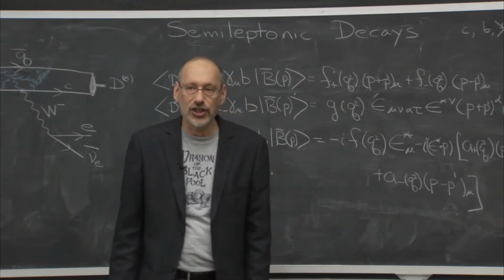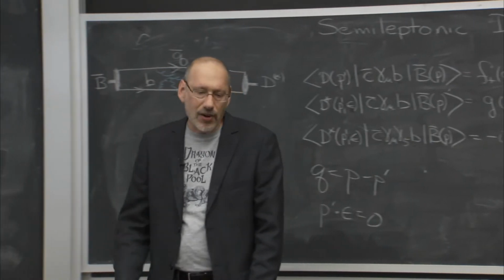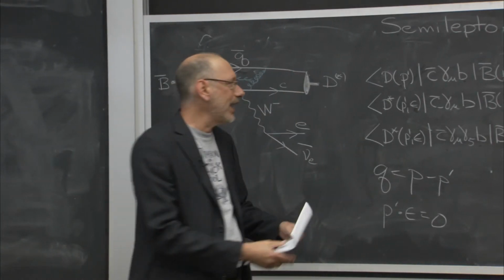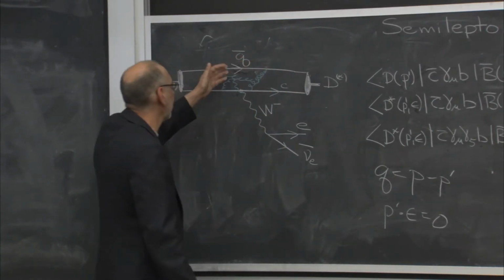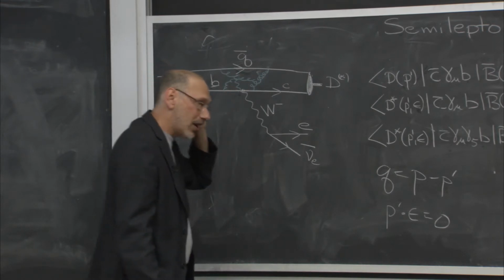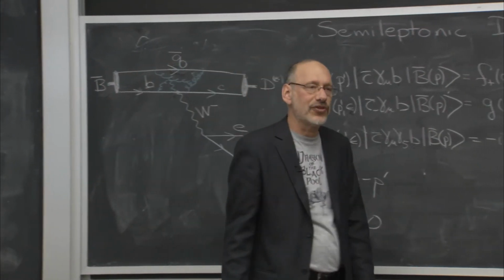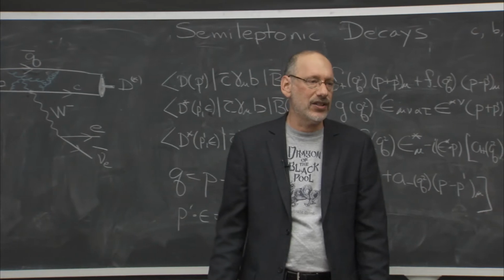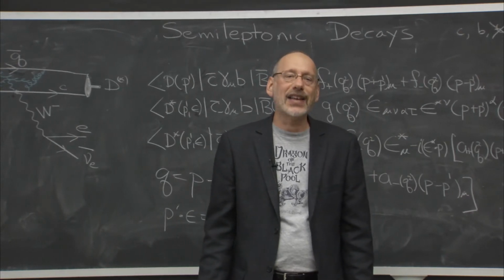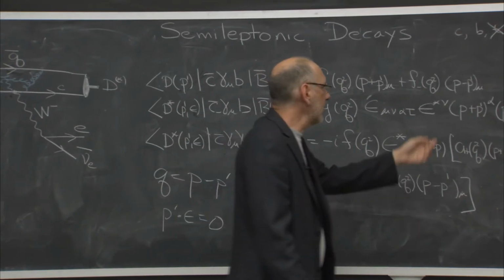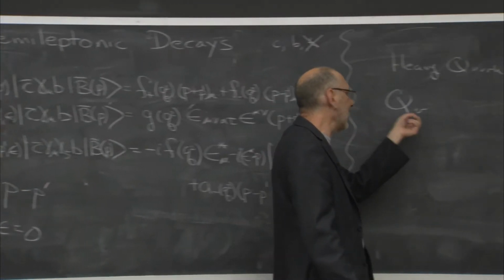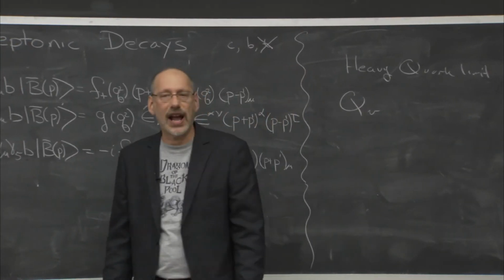Another important feature is that the strong interactions, when they're involved in binding, let's say, light degrees of freedom to the heavy quark, the momentum of those light degrees of freedom is very low compared to the heavy quark mass. And so this velocity is basically unchanged by these strong interaction processes.